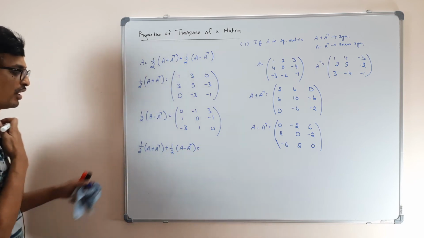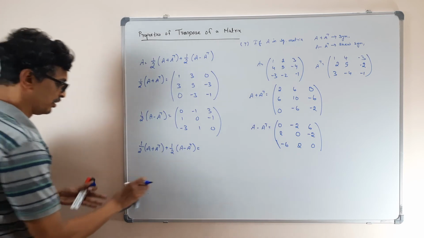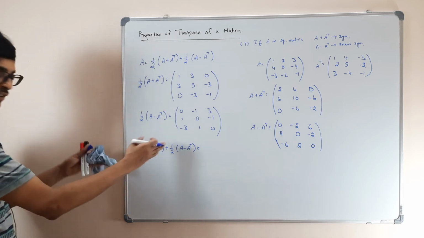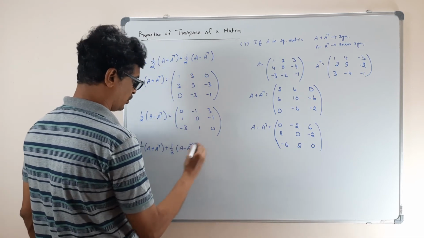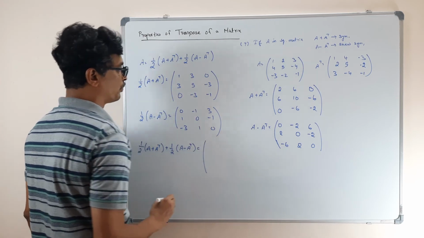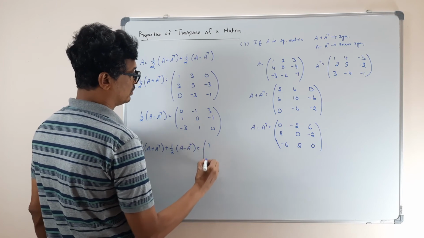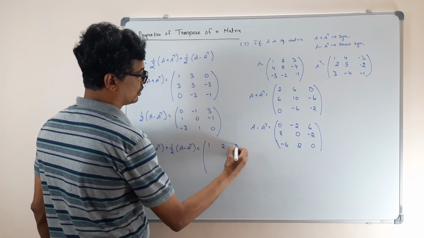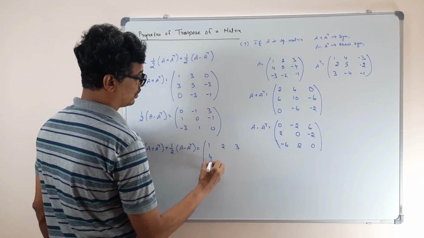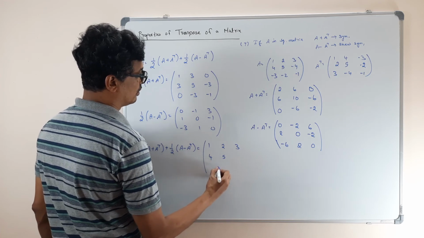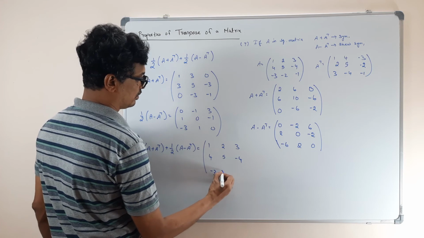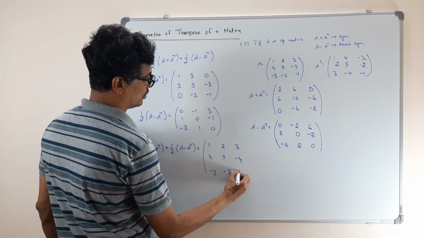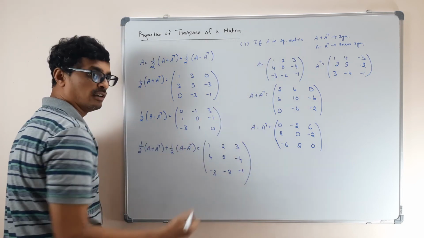You can also prove it from the distributive law. Earlier we did additions, and matrix addition follows the same way. So what will this be? 1, 2, 2, 3, 3, 4, 4, 5, 5, minus 4, minus 4, minus 3, minus 3, minus 2, minus 2, minus 1. Are we getting back A?